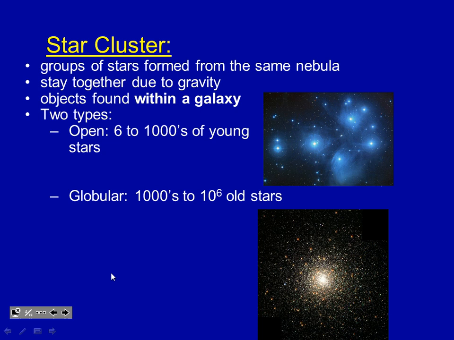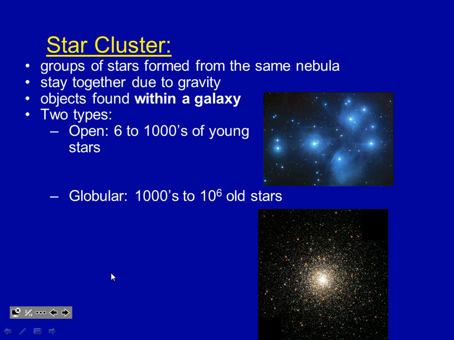These clusters of stars can be formed in different ways. We're not worried about that. I'll come back and talk a little more about star clusters when we zoom out to look at the galaxies, again, the larger structures. So they're groups of stars formed by the same nebula.